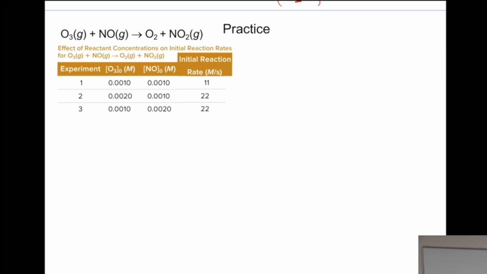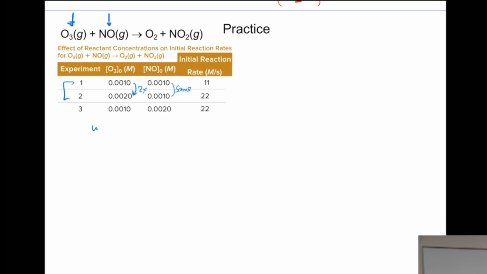So we're looking for the two reactants. And let's look for an experiment. You have to find two where one thing's changing and the other thing is not. So let's just look at 1 and 2. I see that between 1 and 2, this stays the same. And when I double the concentration of, what is O3? Ozone.